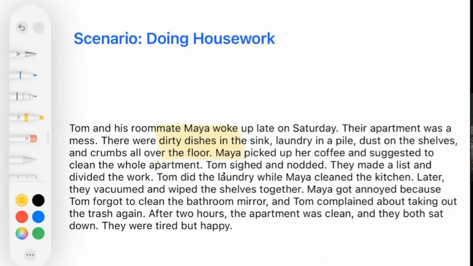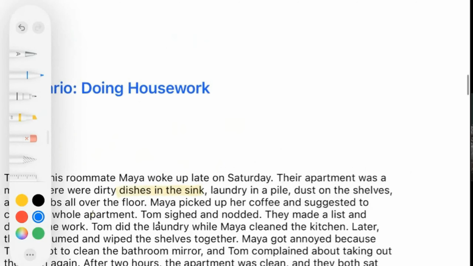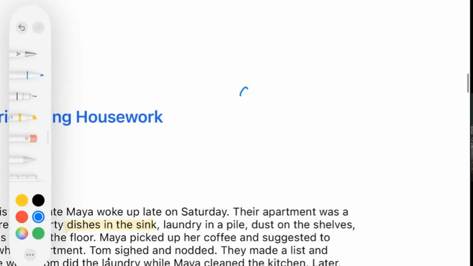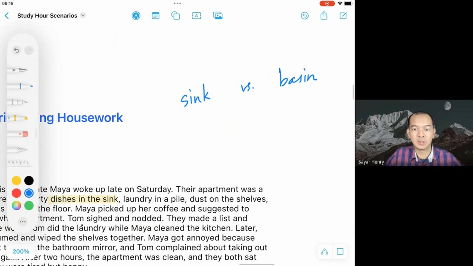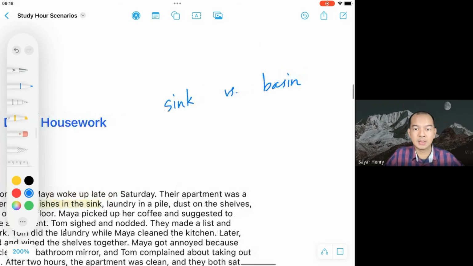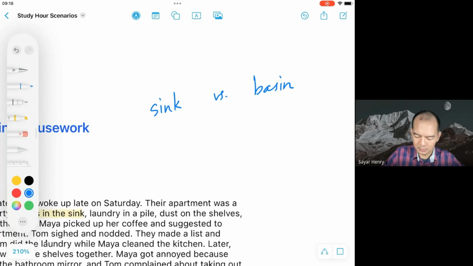Dirty dishes in the sink. What is a sink? You have to know the difference between sink and basin. Does anyone know the difference? I'll give you a hint.